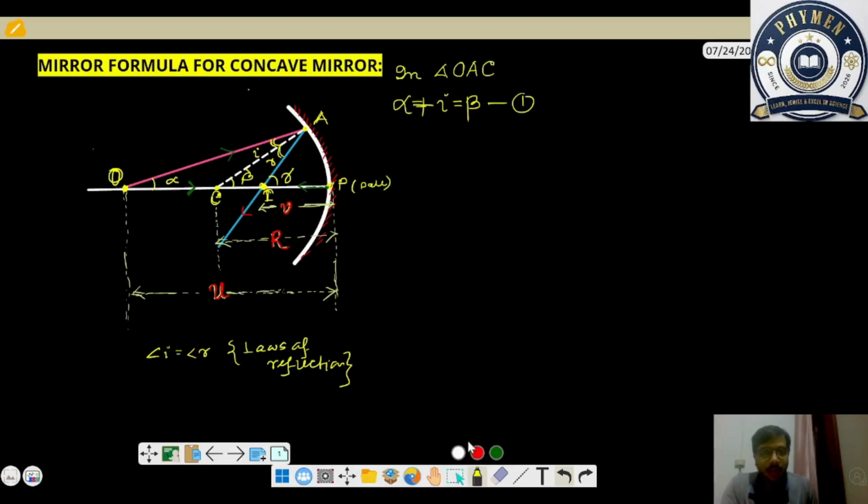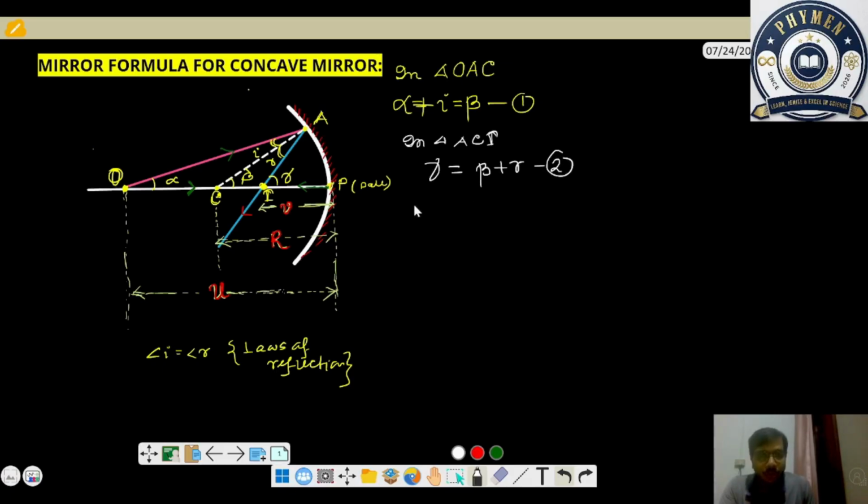Now again in triangle ACI, gamma is equal to beta plus R. This is the second equation.